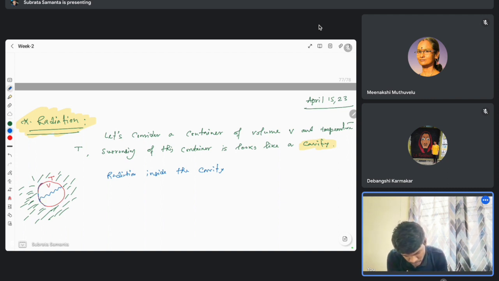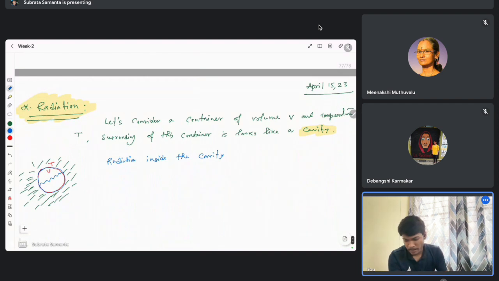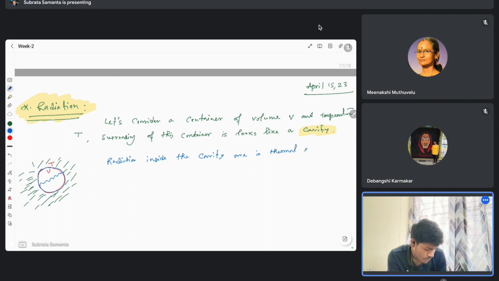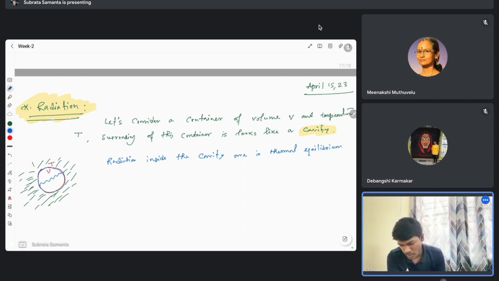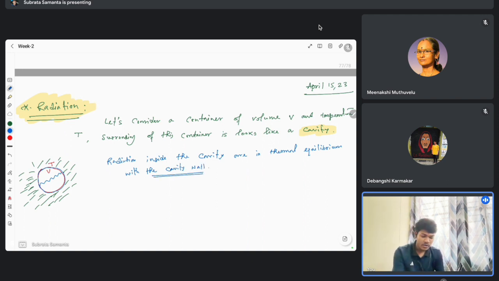The circle is the cavity wall, and the radiation inside is in thermal equilibrium with it, because both are at the same temperature.